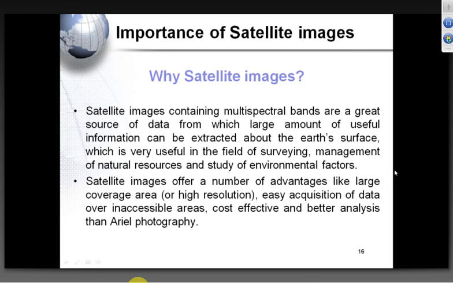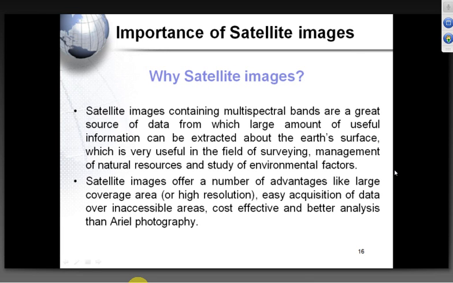Satellite images are beneficial specifically as compared to aerial images because, as I told, they provide very high resolution, easy acquisition of data over inaccessible areas, are cost effective, and allow better analysis than aerial photography. Main two advantages are there.